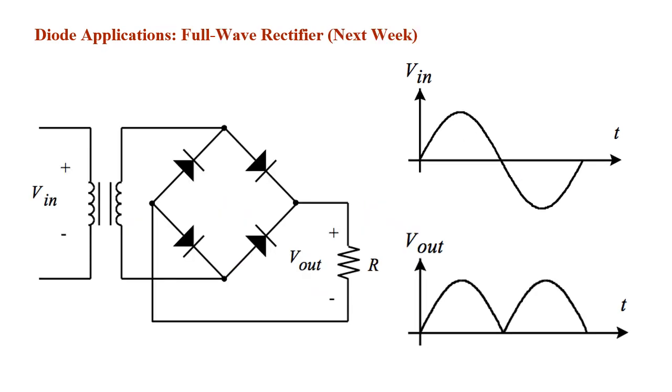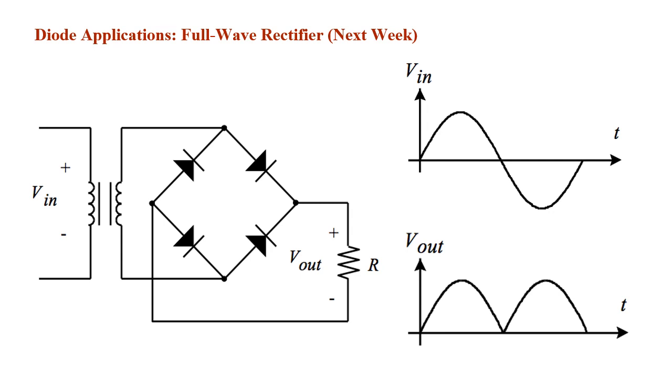Here, this is another application of the diodes. It's called a full-wave rectifier. So depending on the knowledge of a half-wave rectifier, here instead of using only one diode, we're using a total of 4 diodes. So only 2 will work at a time.